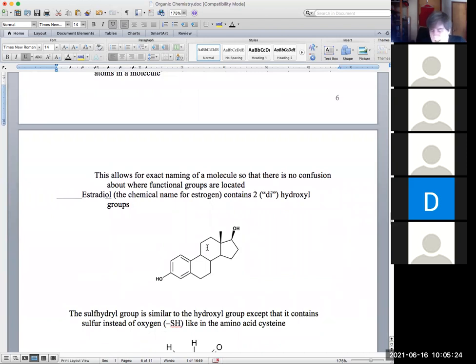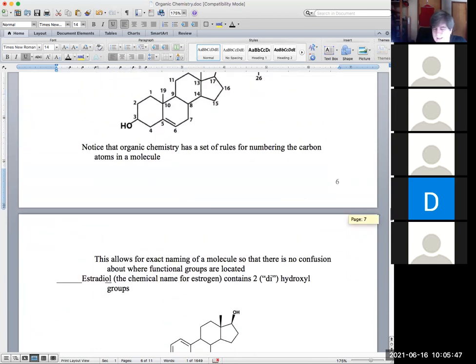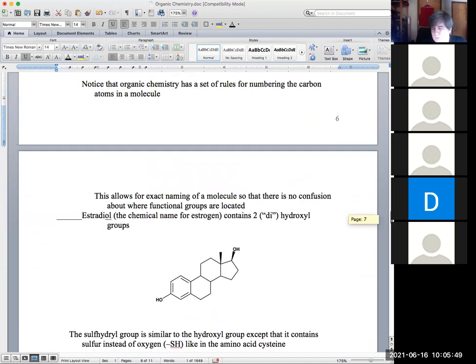So we have a couple of modifications. There's no CH3 here. We're missing a big chain of carbon and hydrogen here. And in its place, we have an OH. This is a molecule called estradiol. Di means 2. So this has 2 hydroxyl groups. And this is actually the chemical name for estrogen. And your body makes estrogen from cholesterol.